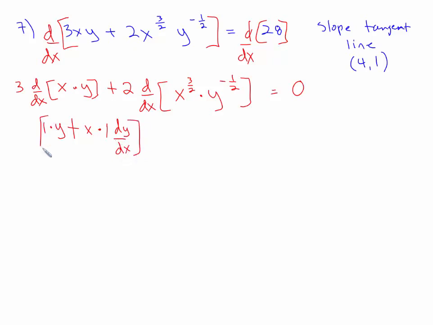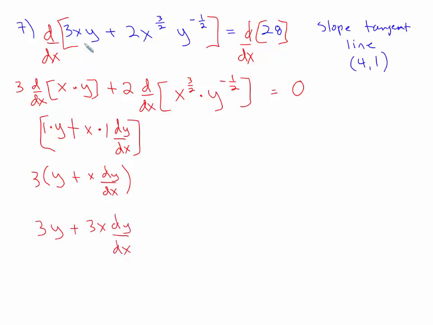And then here's where you need to be careful. So we have 1 times y, which is just y. Over here we have x times 1 times dy dx, so this is going to give us positive x dy dx. And then don't forget the 3. So we distribute, we end up with 3y plus 3x dy dx.